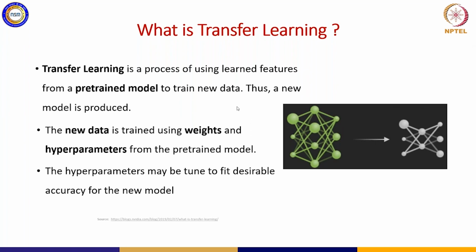This gives you the ability not to start building your deep neural network layers from the beginning, thinking, okay, how many convolutional layers do I need? How many pooling layers do I need? You don't need to bother about that again, because there is an existing pre-trained model into which you supply your new data, which will give birth to the new model with your new data.